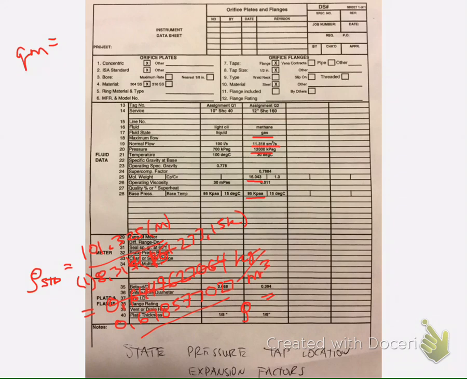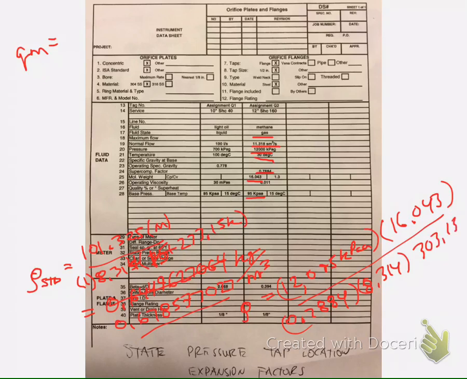So it'll be 12,095 kPa multiplied by that molar mass, which was 16.043, all over our Z value, which is 0.7884, which I got from right there, and our relative gas constant 8.314, and then our temperature, the correct temperature now, because this is at 30 degrees C at flowing conditions, which is 303.15 Kelvin.